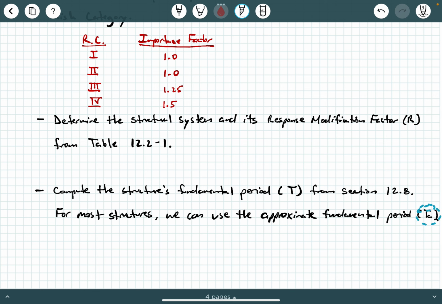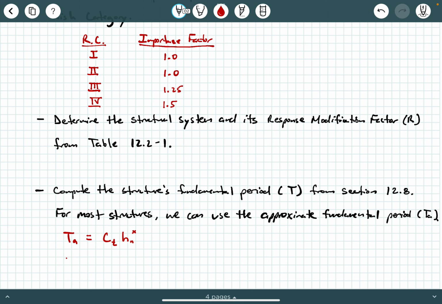So again, if you have your ASCE 7, open up to section 12.8 and find where I am here. T sub A, and again, most structures you'll be able to use this relationship, is going to be equal to C sub T times H sub N raised to the X power, okay?